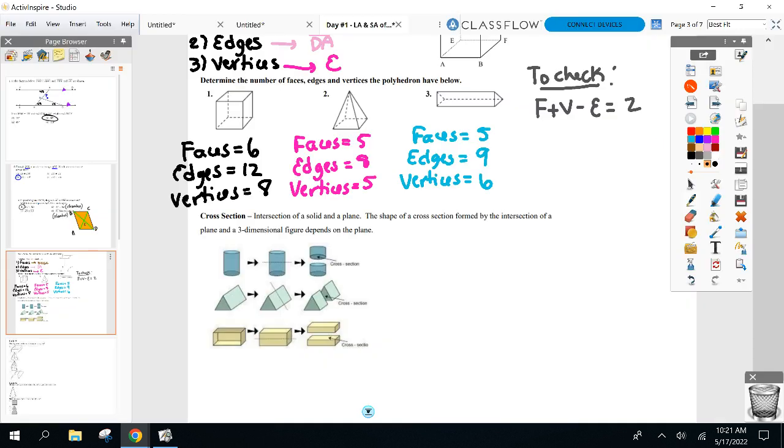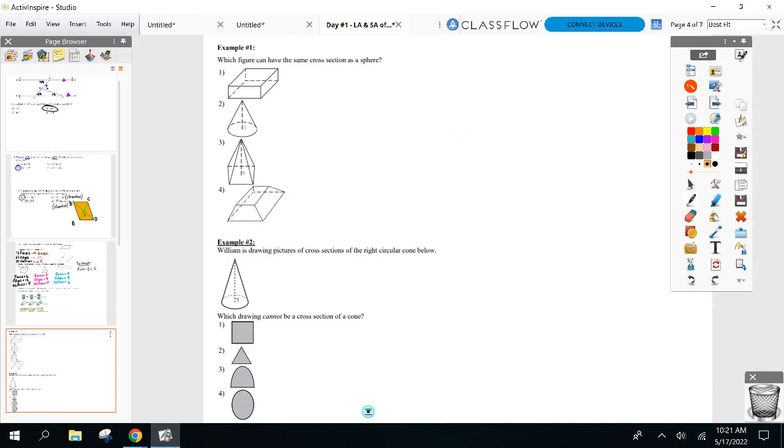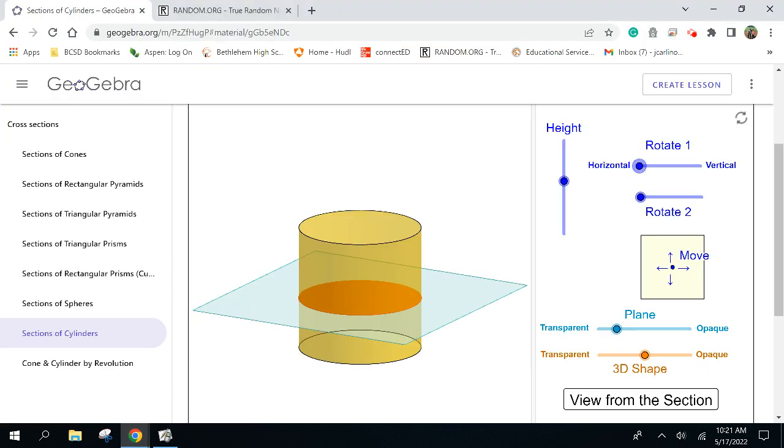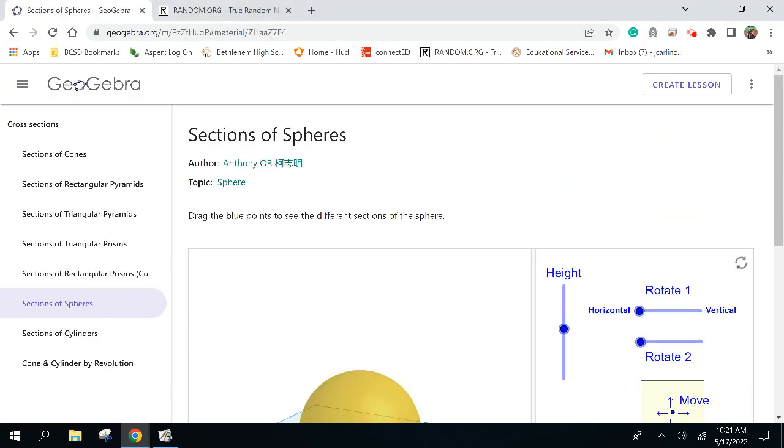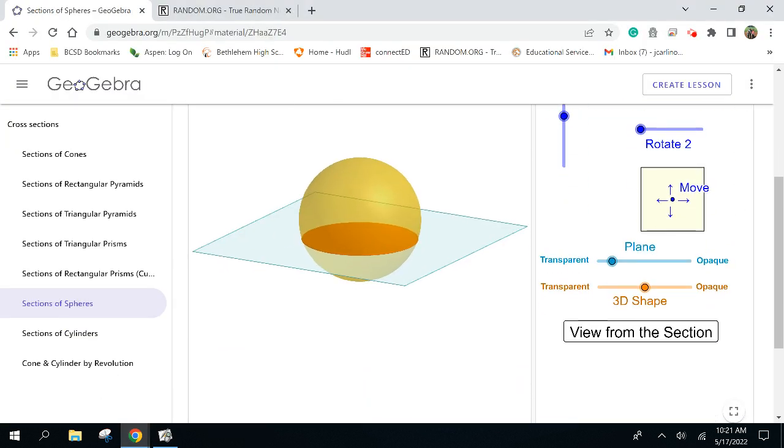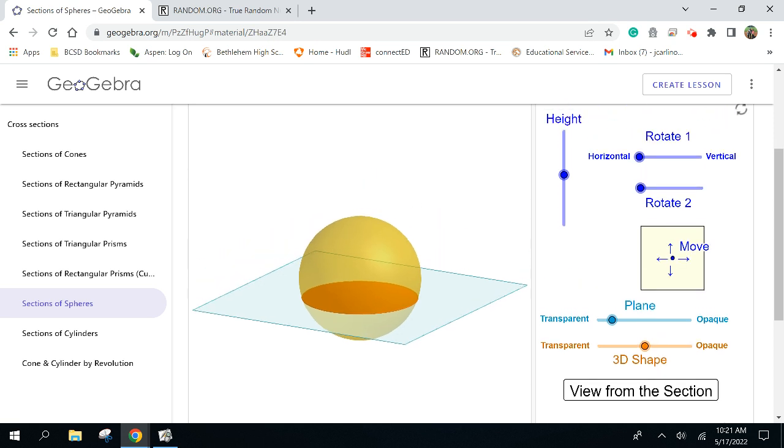So let's make sure we're good here. Which figure can have the same cross section as a sphere? Let me put a sphere up here for you. There's your sphere. No matter how I cut this, what am I always going to end up with as a cross section?